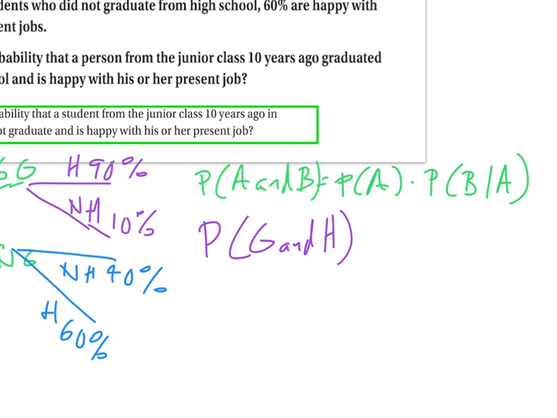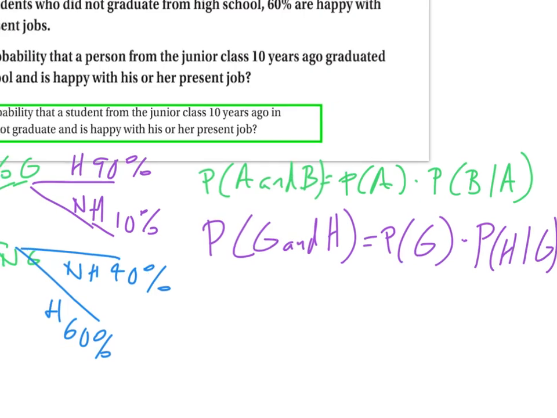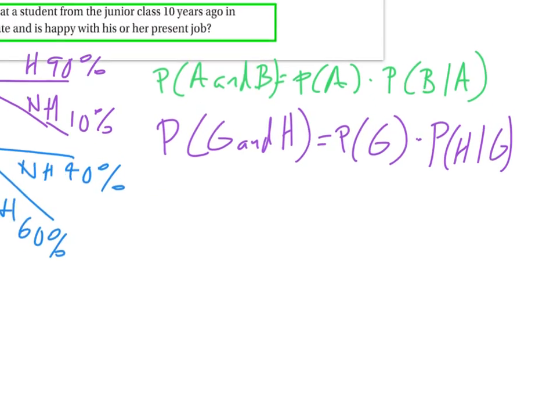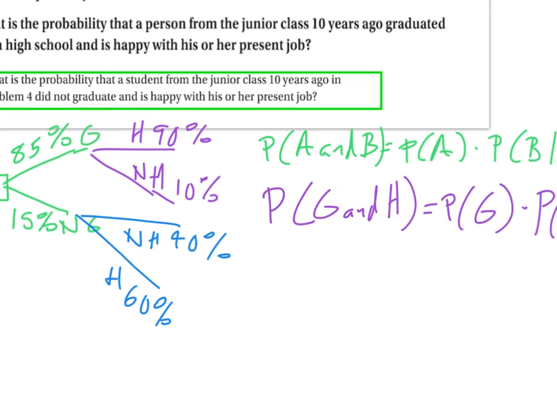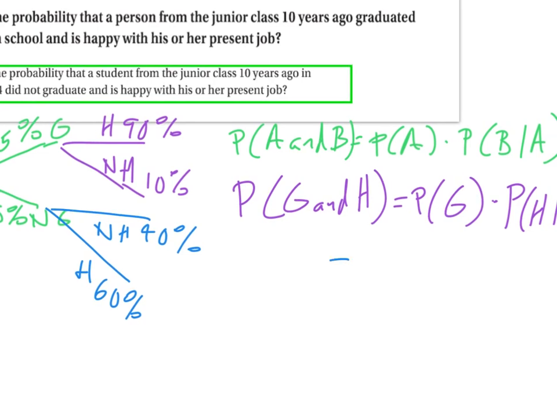So again, really what we're looking at then, we take the probability that they graduated, multiply that by the probability that they're happy given that they graduated. So we can figure out those two probabilities. So we know the probability that they graduated was 85%.